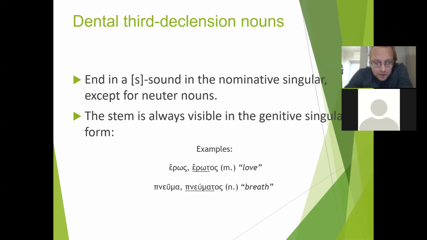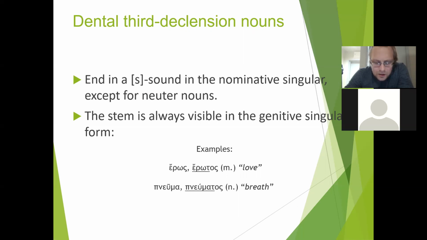Moreover, as is generally the case with nouns inflected in the third declension, the safest way of determining the stem of the noun in question is by looking at the genitive singular form. And this is why both the nominative singular as well as the genitive forms of nouns following the third declension are often given in vocabularies and dictionaries.